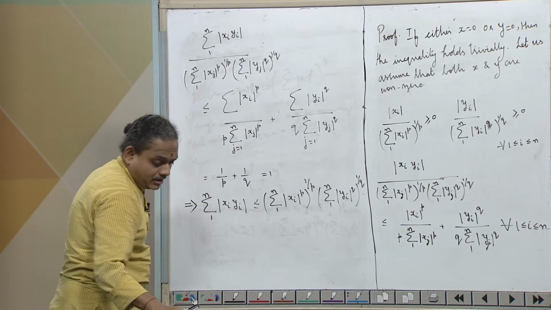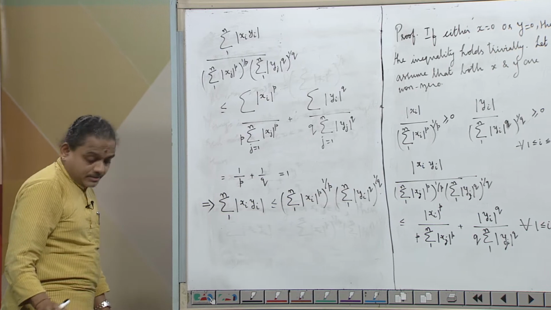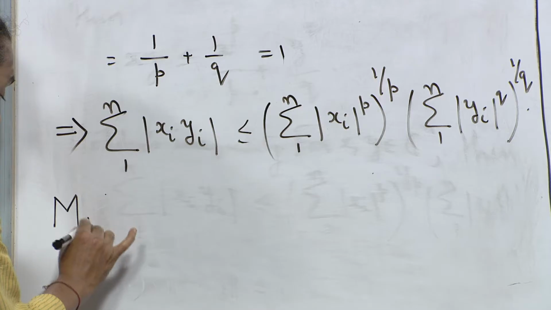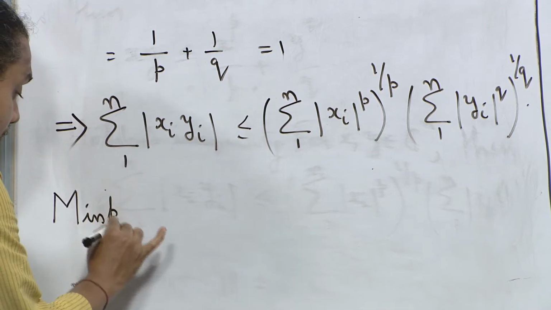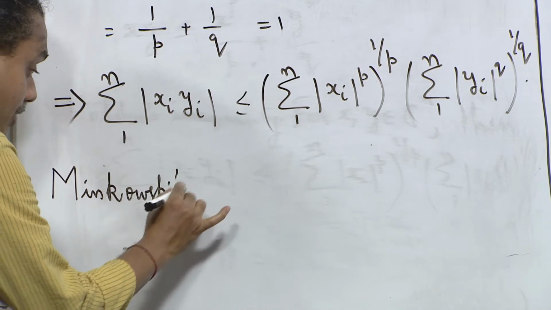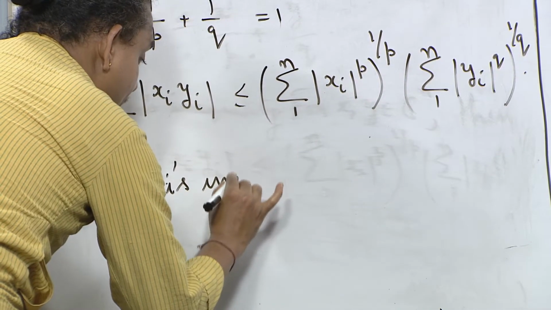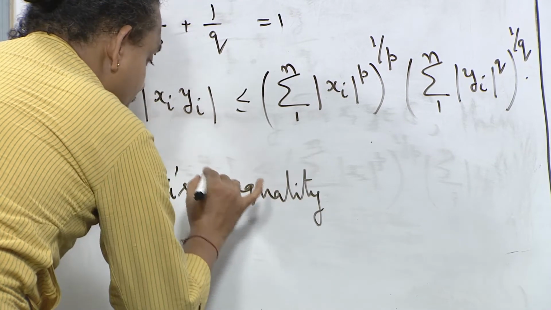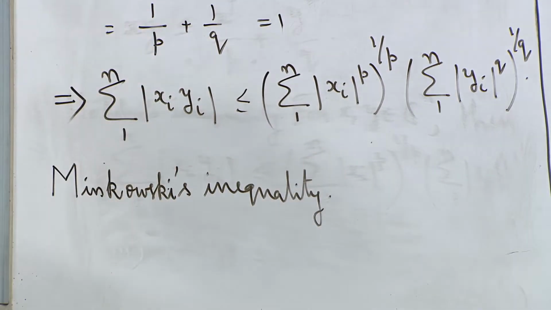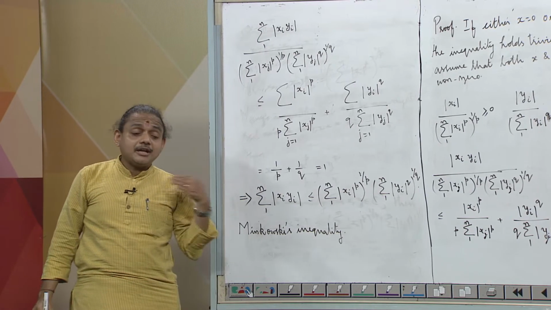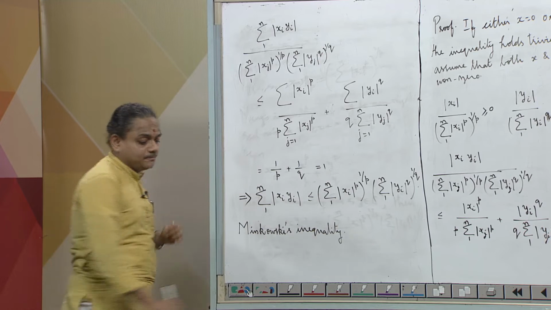Yes. Now, the next one is what is known as the Minkowski's inequality. So, what is this Minkowski's inequality? This is the triangle inequality for the p norm.